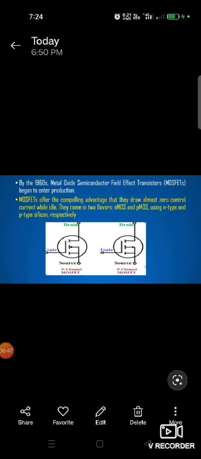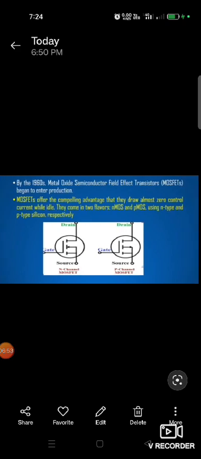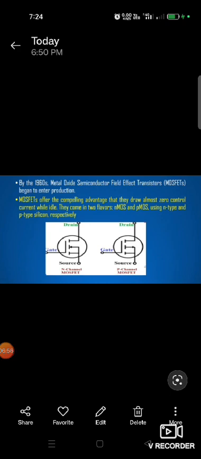It is called a MOSFET. MOSFETs offer compelling advantages, in that they draw almost zero control current while idle. They come in two flavors, that is NMOS and PMOS, using N type and P type silicon respectively. The symbol of the MOSFET is shown in the figure. In N channel MOSFET, there are the drain, gate and source, and similarly in P channel MOSFET there are a drain, gate and source.